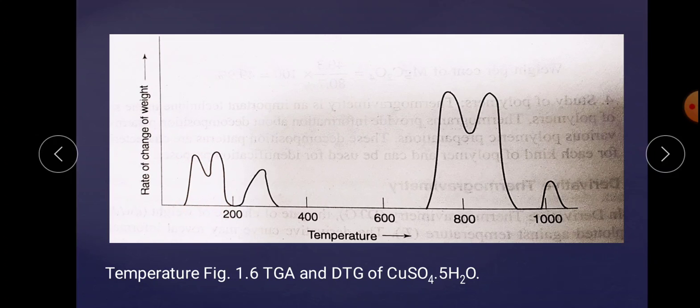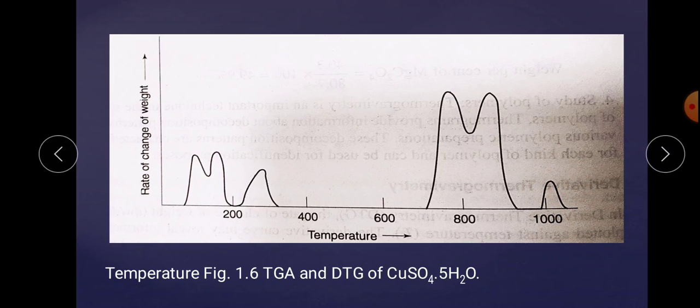The second step is again in the same temperature range, 90 to 150 degrees Celsius. The third step is 200 to 275 degrees Celsius. The fourth and fifth steps occur between 700 and 900 degrees Celsius, and the sixth step is 1000 to 1100 degrees Celsius.